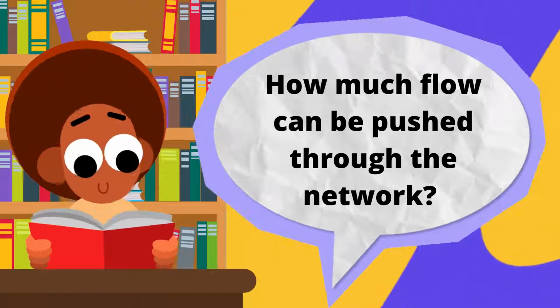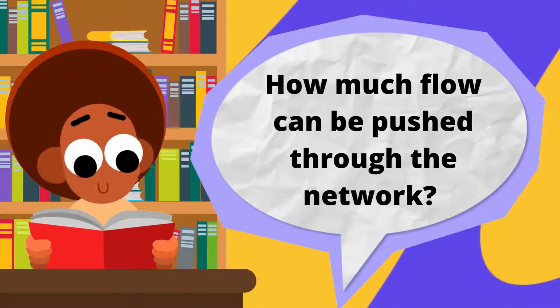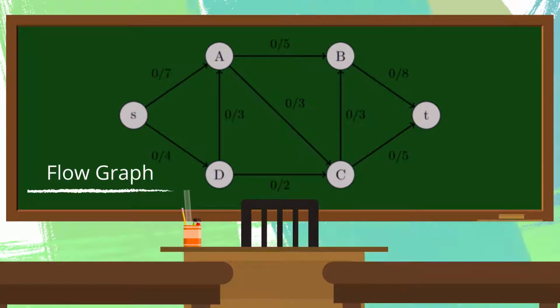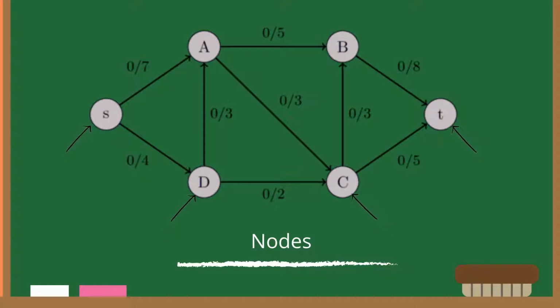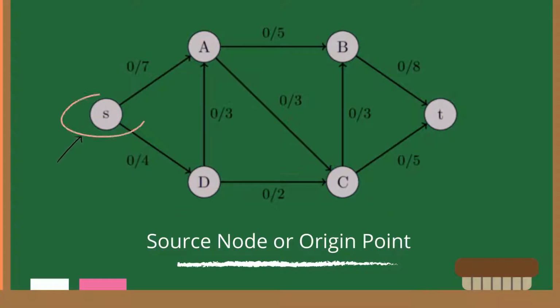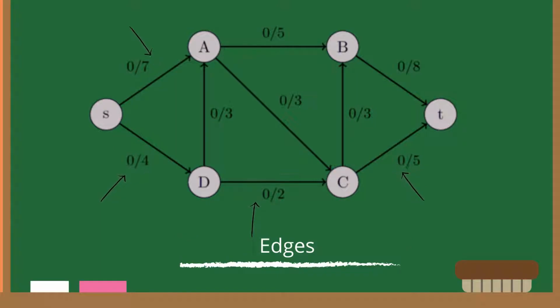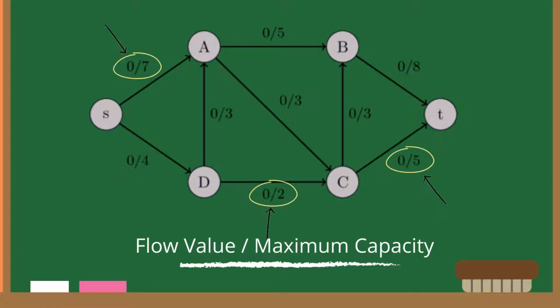When looking for the maximum flow of something, a flow graph will be used. A flow graph has multiple nodes, wherein it begins at the source node. The source node is where the flow of the material will originate and start at. The flow will then pass through the edges. In a flow graph, the edges have their own corresponding flow value and maximum capacity.